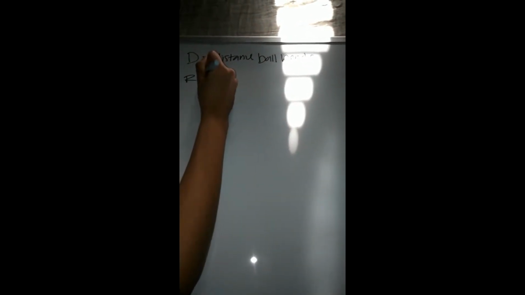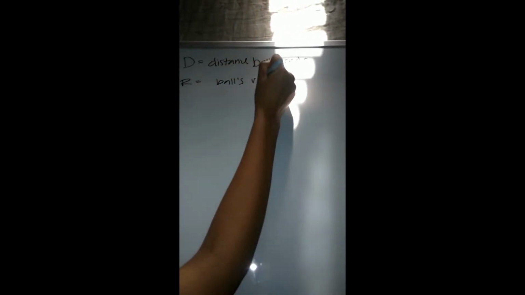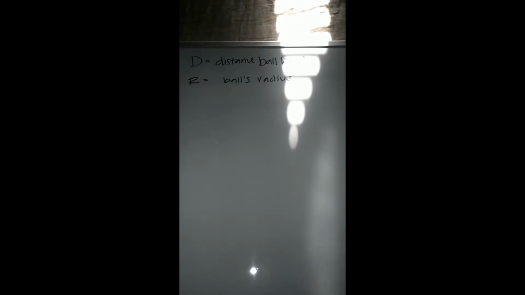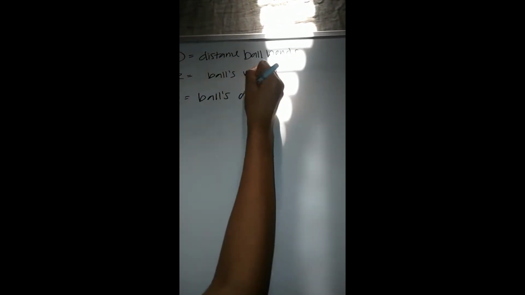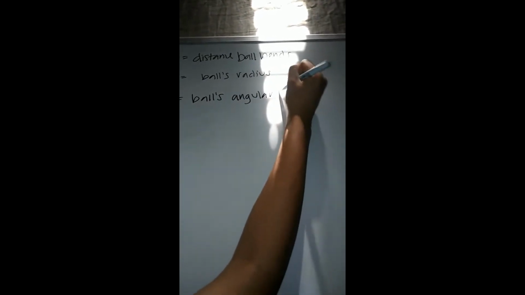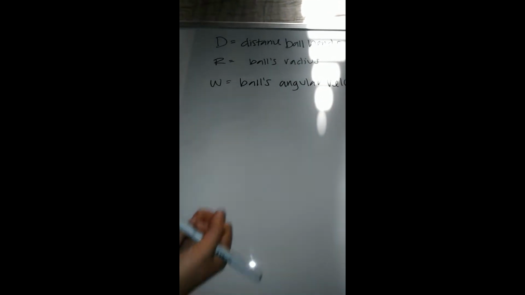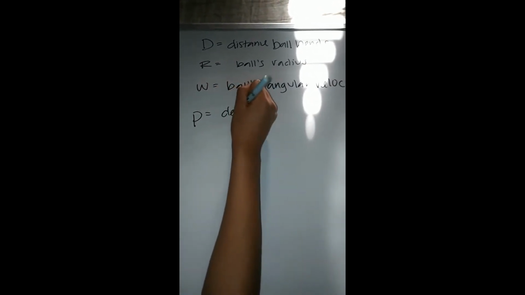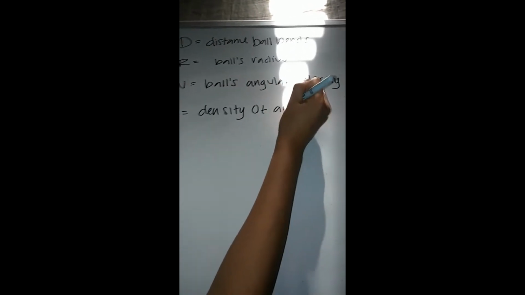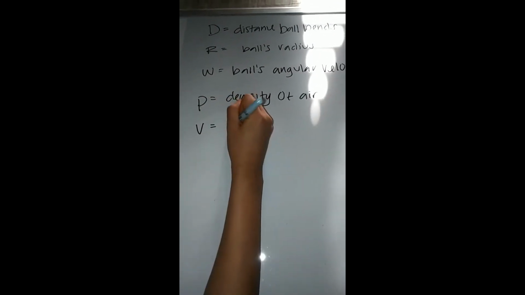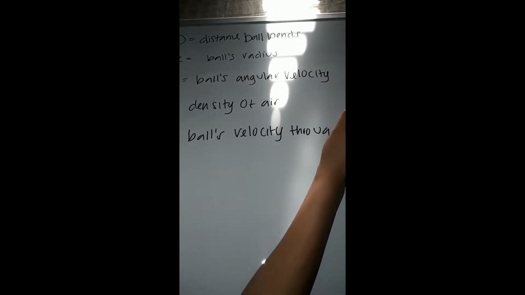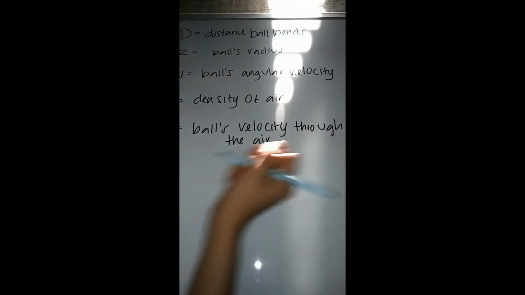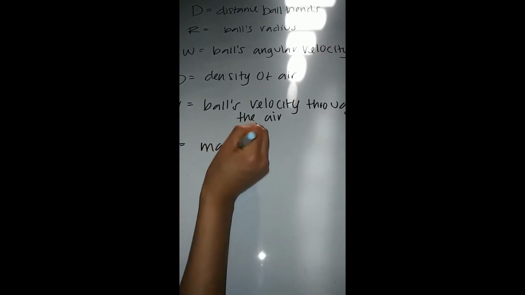I will have to find the next variables, which is r, the ball's radius, w, the ball's angular velocity, p, the density of the air, v, the ball's velocity through the air, and m, the mass of the soccer ball.